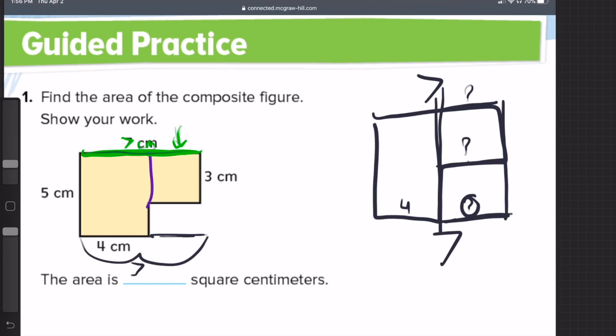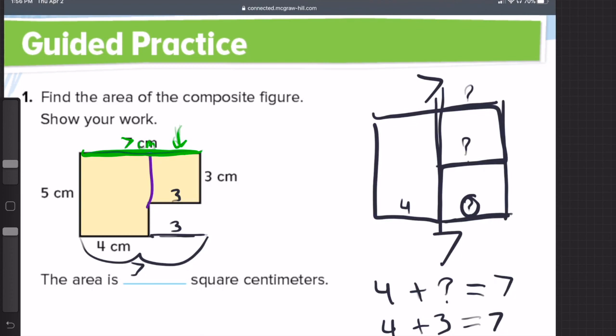So all we need to do is find 4 plus what equals 7. 4 plus what equals 7? 4 plus 3 equals 7. So if this right here is 3, then that also means that this right here is 3.